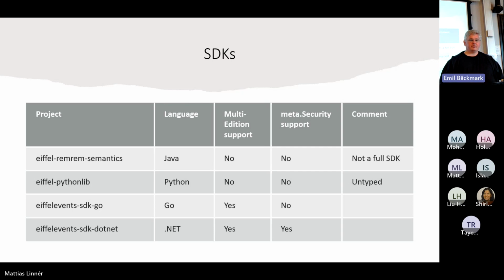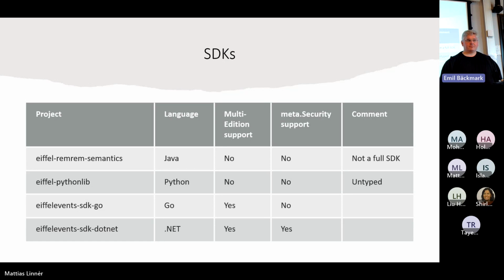But if you go into, for example, the .NET SDK, you are provided examples of how to use it in your code, how to generate a message, and so on. So it's more thought of as an SDK. It's more user friendly. With REM semantics, you might have to do a little bit of reverse engineering to figure out how it works.